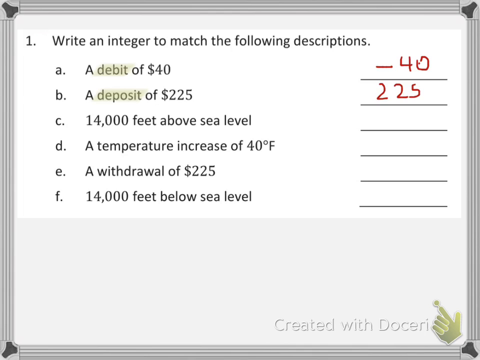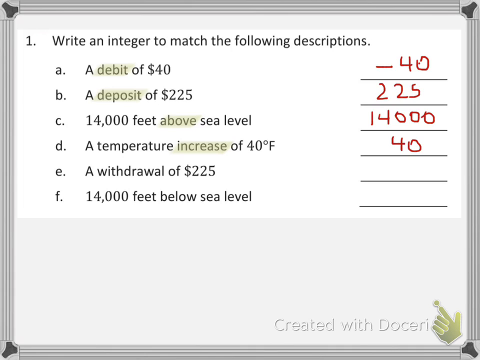C. We have above sea level. Above sea level is going to represent a positive number. So the integer then would be 14,000. So now let's see, letter D, a temperature increase. The key word here is increase, and that means it's going to be positive, and the number is 40.